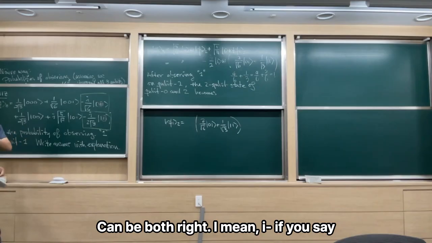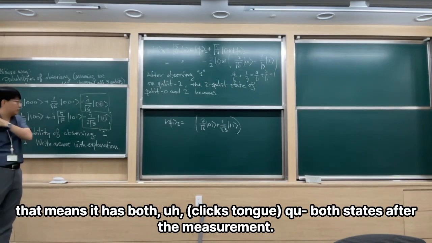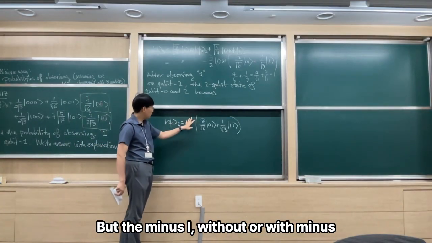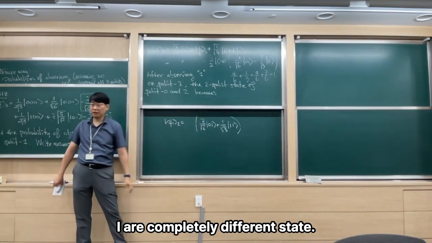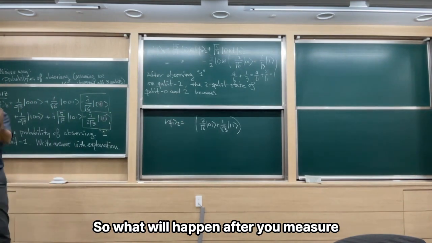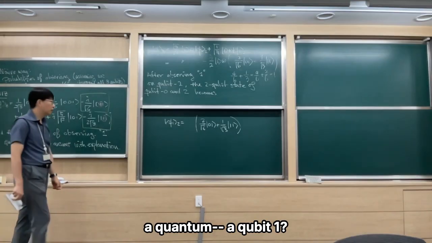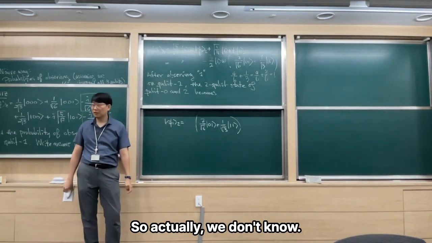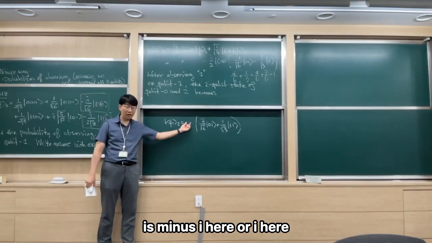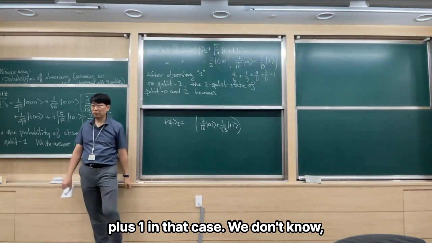If you say it's both right, that means it has both states after the measurement. But the states without or with minus i are completely different. It's not about superposition. It's just a different quantum state. So what will happen after you measure qubit 1? Actually, we don't know. We don't know whether the quantum state has minus i here, or i here, or just minus 1 here, or nothing in here, plus 1 in that case.